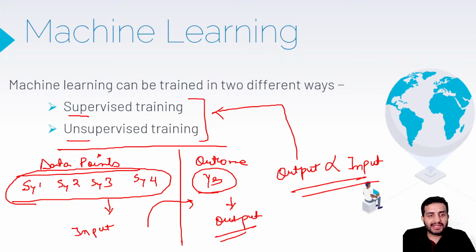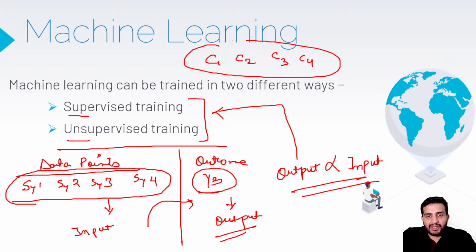Based on these patterns I have, symptom 1, symptom 2, symptom 3, or say column 1, column 2, column 3, column 4, I'm trying to group them into particular groups. So each of my rows is now getting bifurcated into respective groups. That is where unsupervised training comes into the picture. We will obviously see each of them one by one.